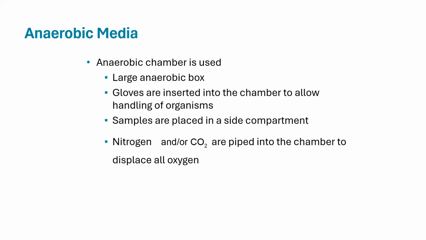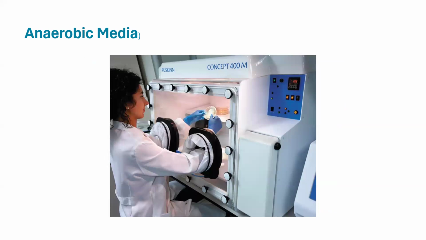Another way you can do it is inside of an anaerobic growth chamber. This is going to be a big chamber that has like glove holes that you can put your hands in, and it prevents oxygen from entering it. You displace all the oxygen with CO2 or nitrogen, and it's going to look something like this. And so on the right-hand side over here, we've got this little chamber, this entry chamber.